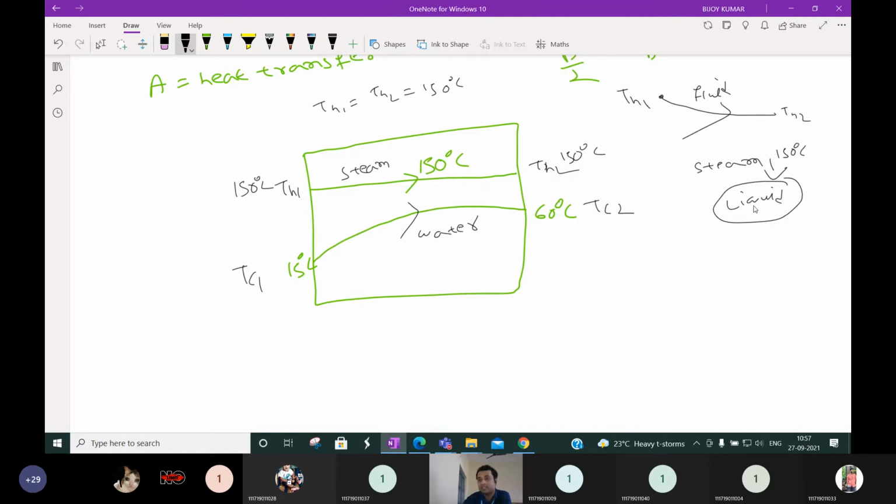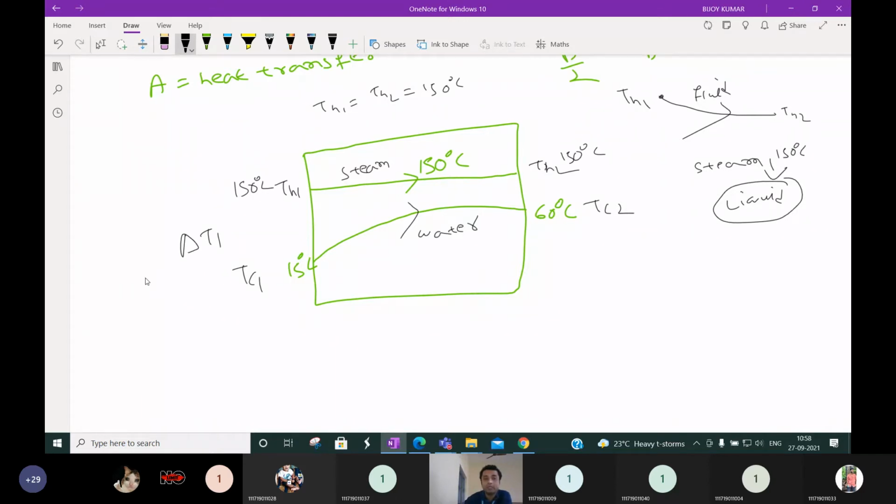When the temperature decreases, liquid will form, but the steam temperature is fixed. That's why, if steam is flowing on any side, we generally take the steam temperature to be constant.